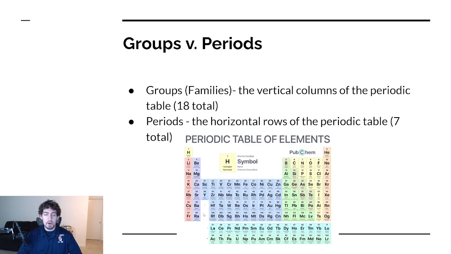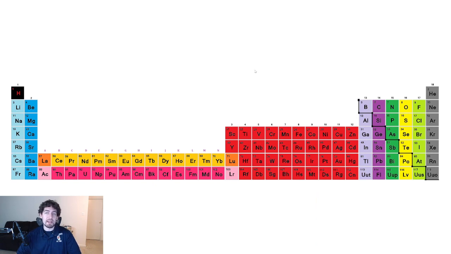On a similar note, we have radium here, and it is element number 88 versus actinium, which is 89. So that means that this row here is part of period 7. Now, why do we even copy and paste those two rows below the periodic table? Well, simply put, if we didn't, this is what the periodic table would look like.